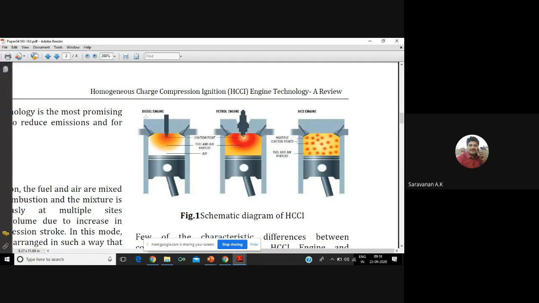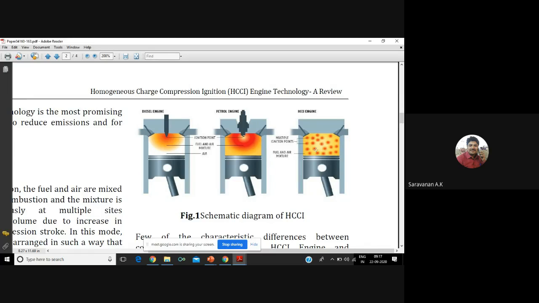In the diesel engine, the combustion chamber has the air fuel mixture. In petrol engines we have the air fuel mixture. In HCCI engine also we have the air fuel mixture, but in HCCI engines we get multiple ignition points, which are not there in diesel engines and petrol engines. How we can get this multi-point ignition, we can see in the next class.